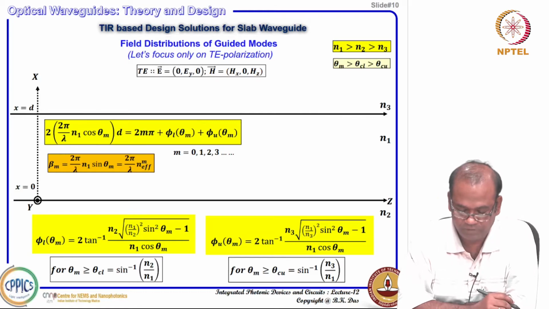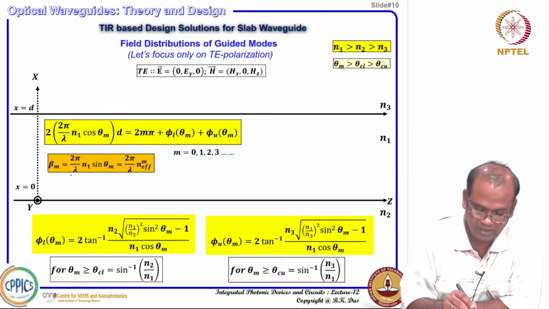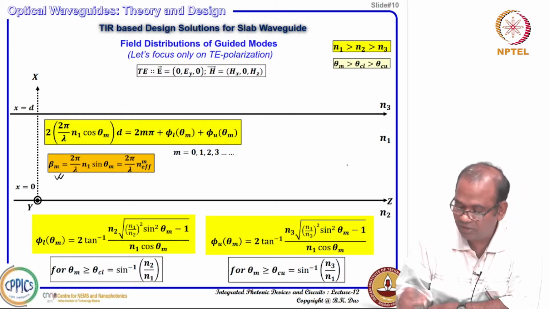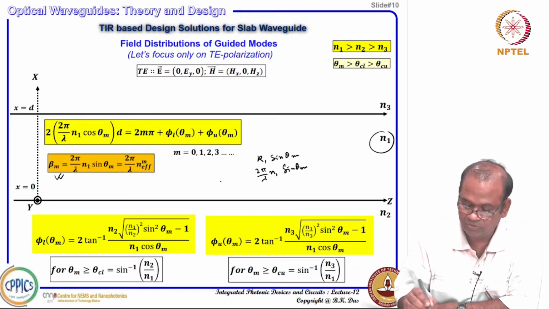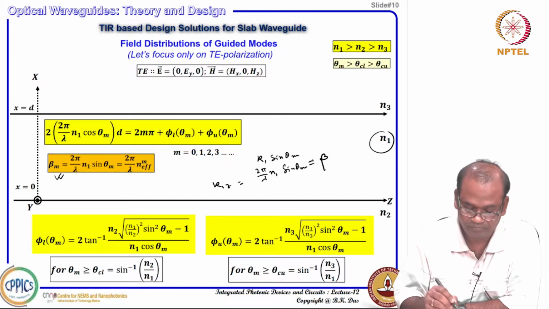Okay. Now, as I said, we can find the propagation constant in the longitudinal direction, typically k1 sin theta m, where k1 is nothing but the wave vector in homogeneous medium n1, that is 2 pi by lambda times n1. And k1 sin theta m we are defining as beta.